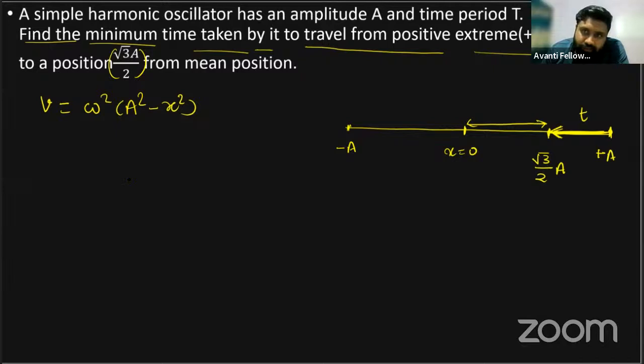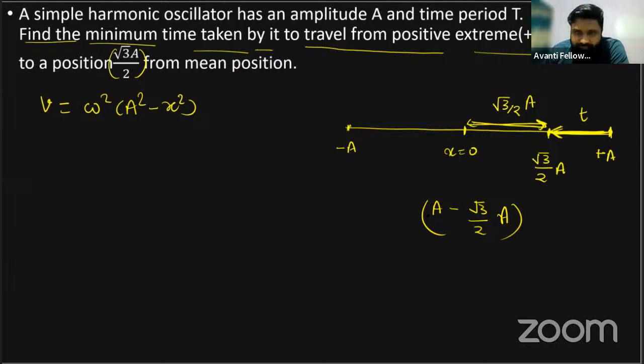Here, from mean position it is root 3A by 2, but it is not root 3 by 2 A from the extreme; from the extreme it will be A minus root 3A by 2, this much. Now this value you need to put into this equation.